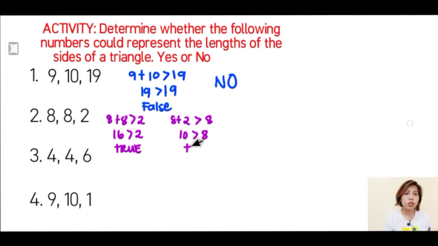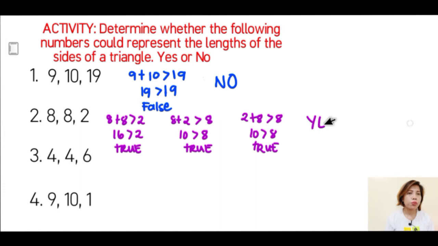Yan po ay true. And then last, 2 and 8. 2 plus 8 is greater than 8. 2 plus 8 is 10, greater than 8. 10 is greater than 8, true. So, meron pong tatlong true statement. Therefore, pwede po siyang mag-represent ng lengths ng triangle.